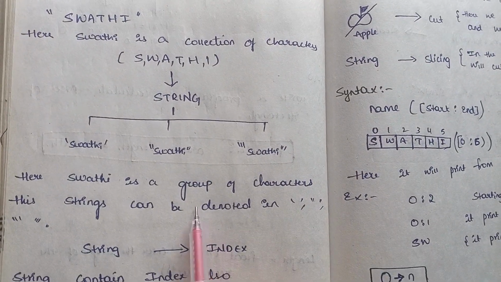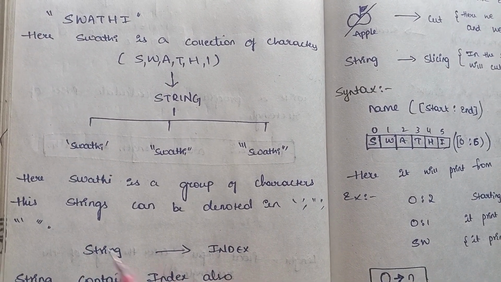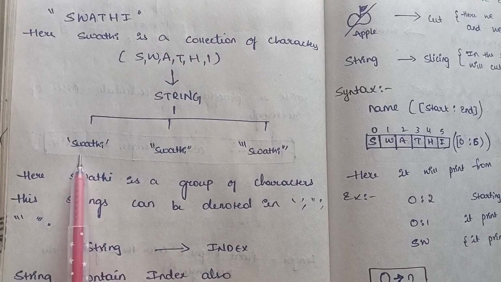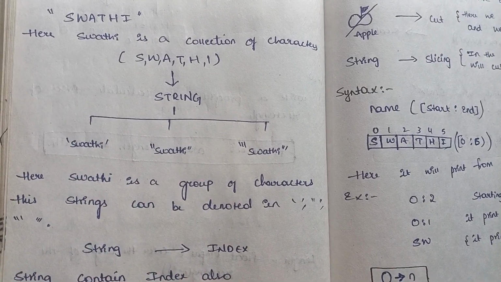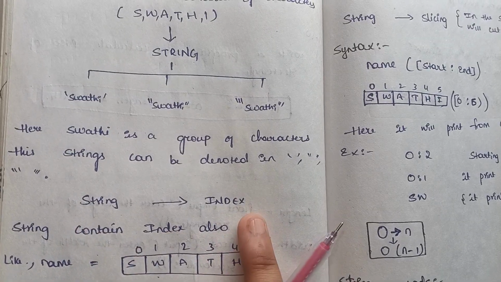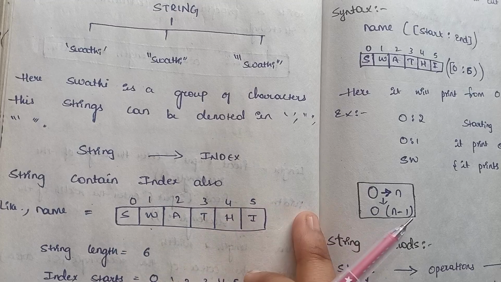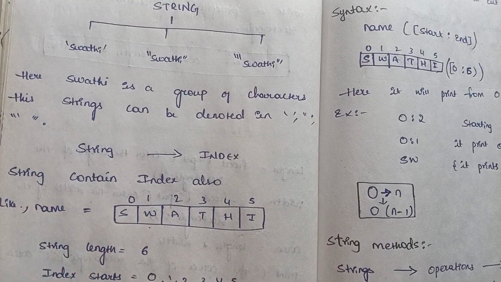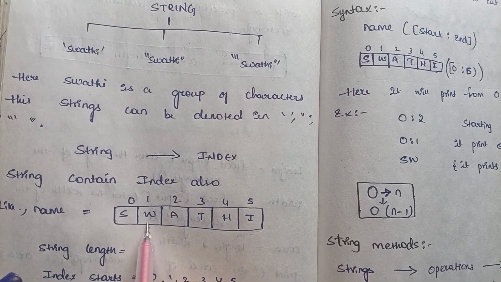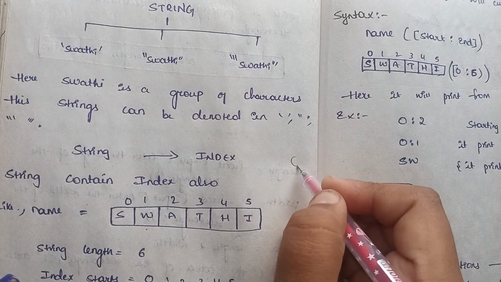Here Swathi is a group of characters, as I already said, and these strings can be denoted in single, double, and triple quotations. Next, for each and every string we will also have an index. So a string contains an index also. Taking Swathi, the index always starts with 0.